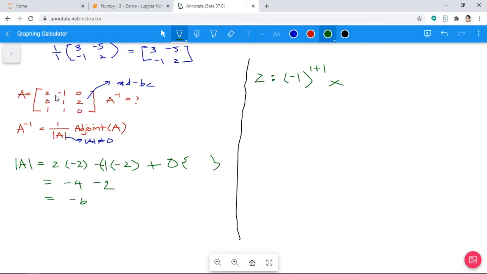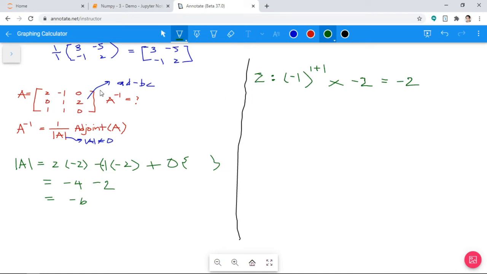Forget this one first. So we have 1 times 0 minus 2 times 1. So we multiply this one by -2. So it's equivalent to -2. So that is for the 2.